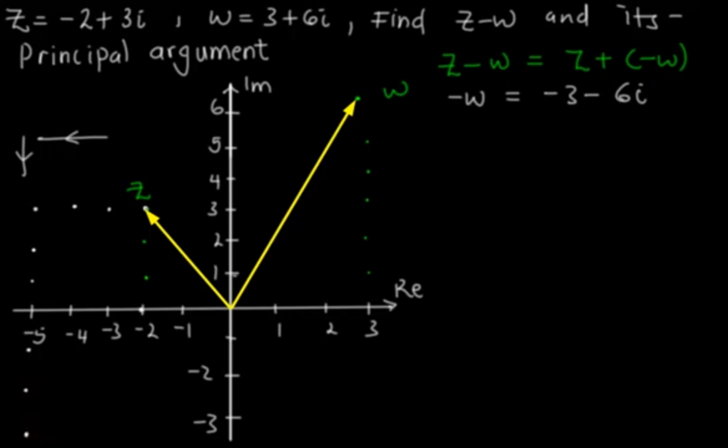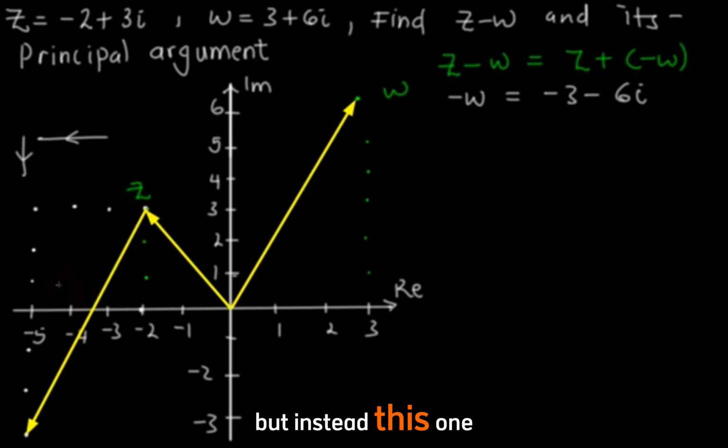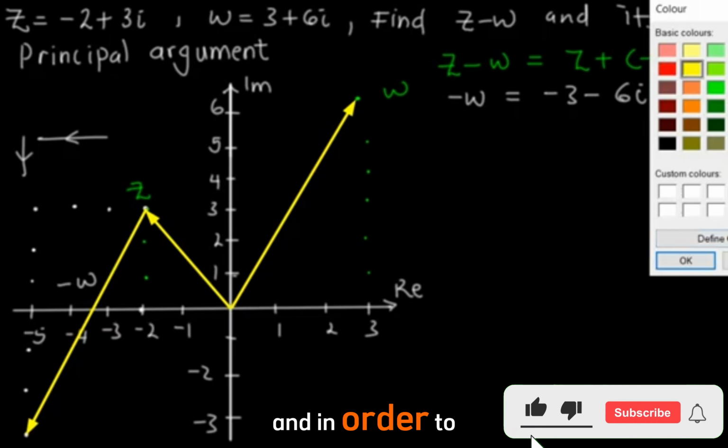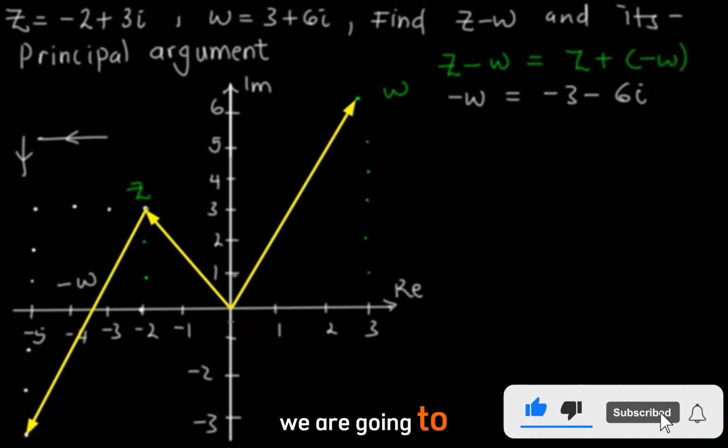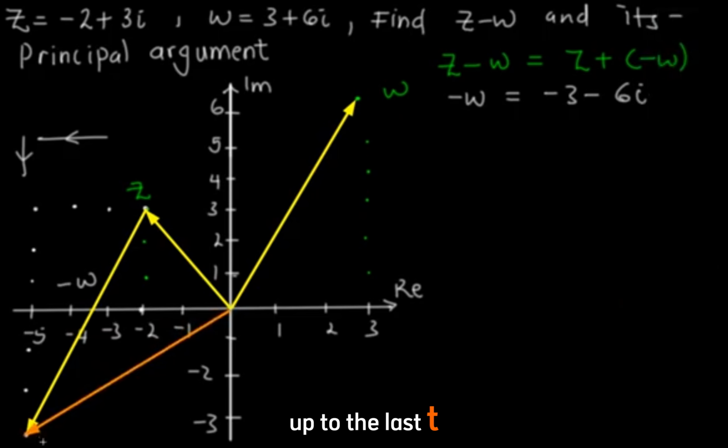Okay, so we connect using an arrow. By the way, it is very clear that this arrow is parallel to this, but instead this one moves in the negative direction. Now let us obtain z minus w, and in order to achieve that, we are going to connect the origin up to the last dot.